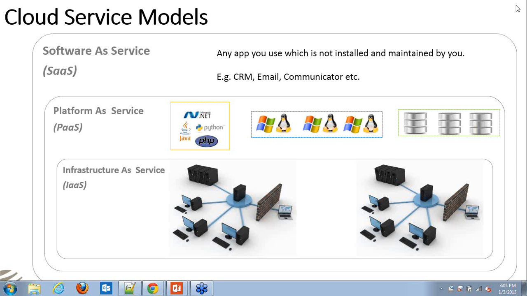So all these components come under infrastructure as a service. So if you go from bottom to up, if you have infrastructure as a service, you can have a platform on top of it, and then your application software will run as a service.